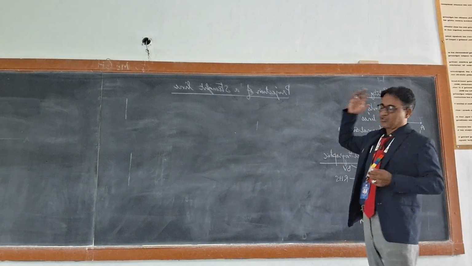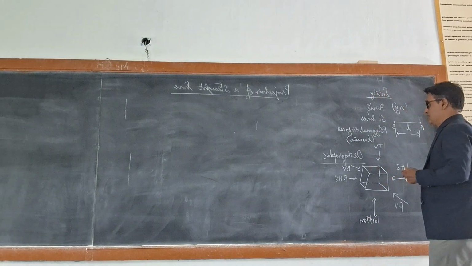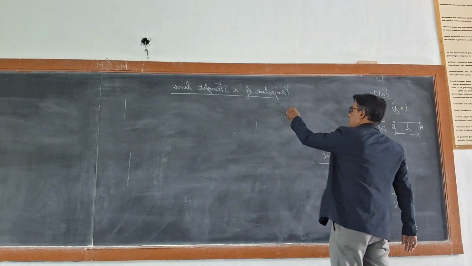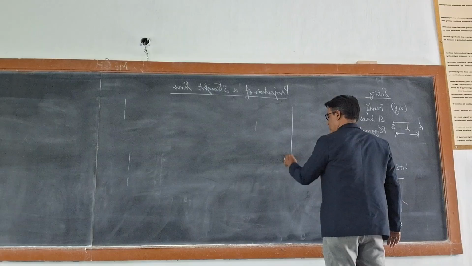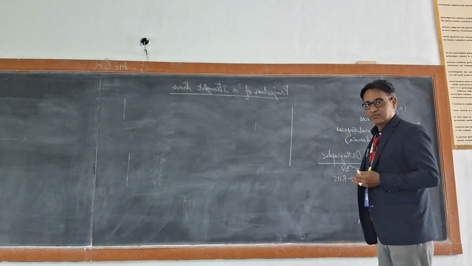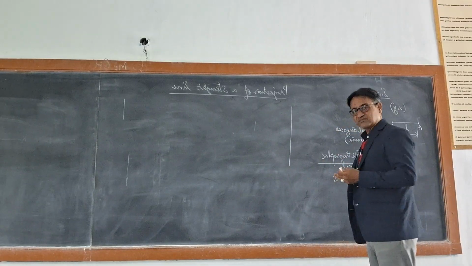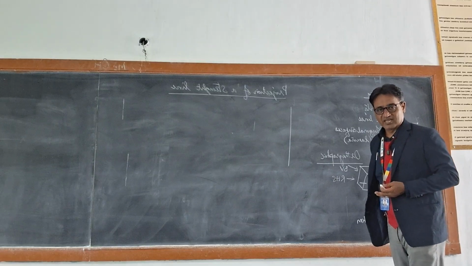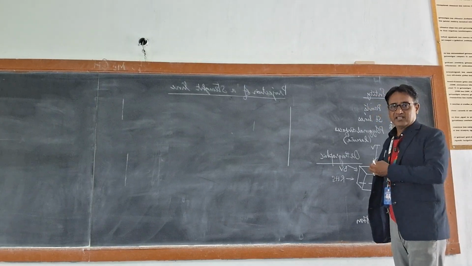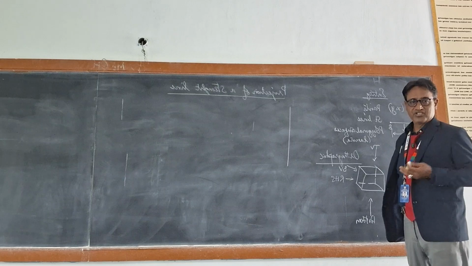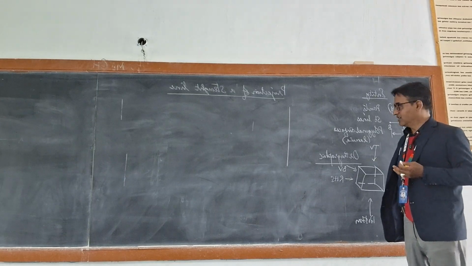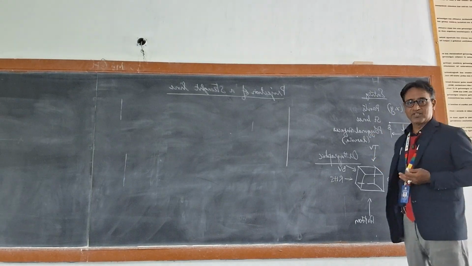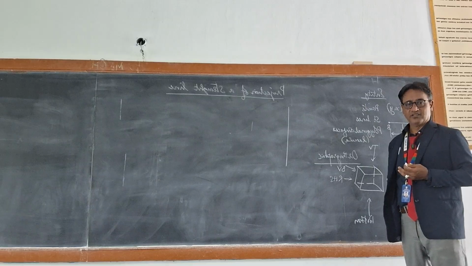So when I say projection of a straight line, first you have to understand the orientation and the position of an object with respect to x and y. Normally we call it a Cartesian coordinate system, where z is the 3rd-dimensional axis. We are dealing with a 2-dimensional object, therefore z is redundant.